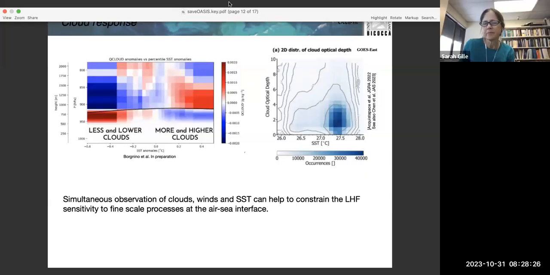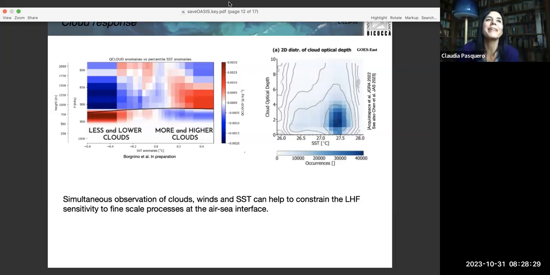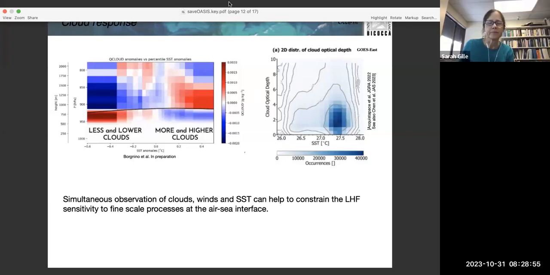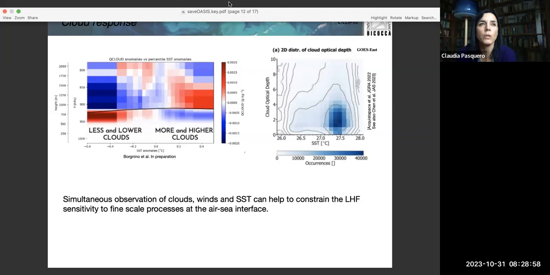So we're talking about mid to high latitudes now, and a warm ocean with cold air coming from the continents. There are huge fluxes, and those huge fluxes are able to trigger secondary circulation in the atmosphere, meaning that the air column expands and there is a pressure adjustment that generates secondary circulation. So it becomes a process that's entirely different from this one. We haven't looked into the Southern Ocean yet. That's not a region that we focused on yet.